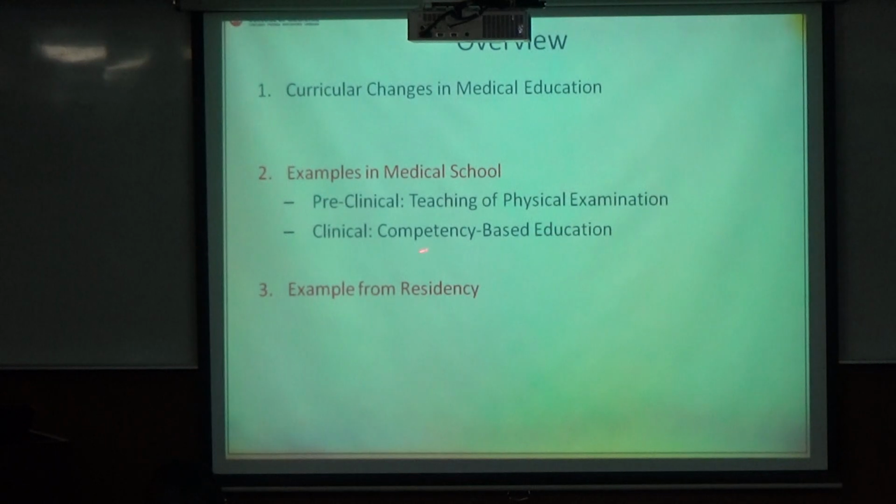The second one has to do with graduating medical students, the fourth year of medical school, just before they go into residency. This has become of interest to a lot of people because a few years ago, residency program directors started saying the students coming into residency programs are not prepared enough, so you need to do a better job.